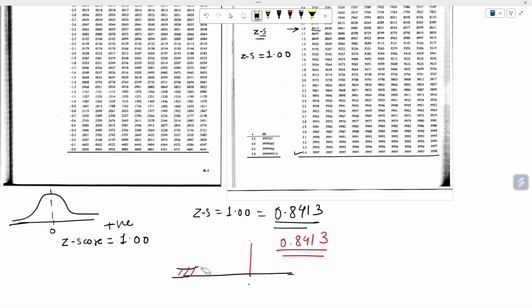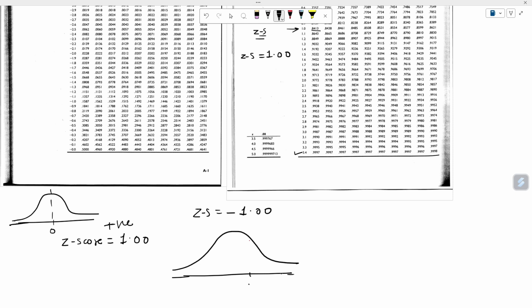let's take some other example. Let's say our Z score is negative 1.00. So how are we going to visualize this? Negative 1 lies over here, this is 0, and positive 1 lies over here. So what will be the probability of this much portion?